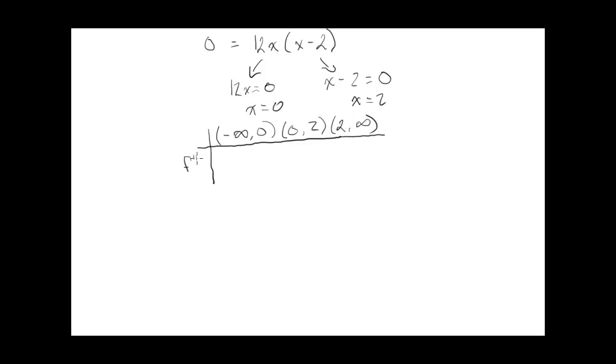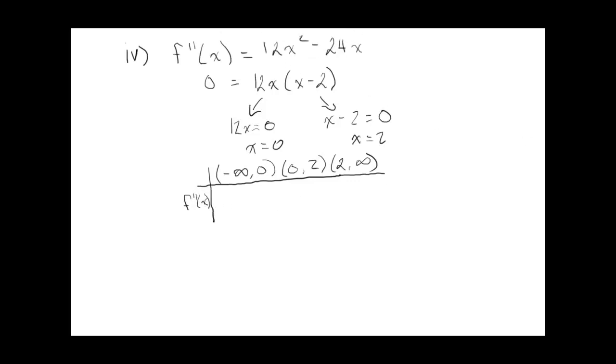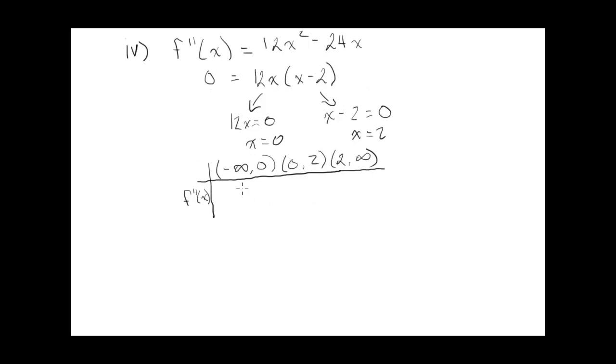And we're looking at the sign of the second derivative, which is right here. So if we took a number between minus infinity and 0 and substituted it into this equation, we would get a positive number, a negative number, and a positive number, which means concave up, concave down, and concave up.